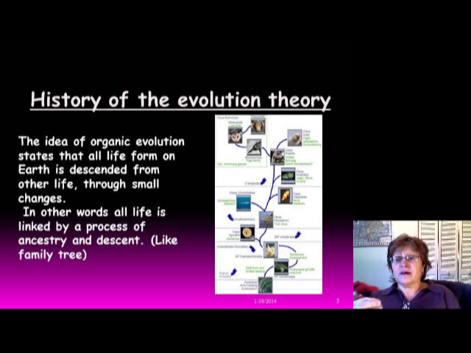Like you yourself can make up your family tree. Probably a whole lot of you have done it. It's the same thing for all the life forms on Earth. You can actually make up the family tree, who is coming from who, just like yourself. Some of you can go back in your family trees to like 500 years. So you can imagine with life forms, it could be even much longer.